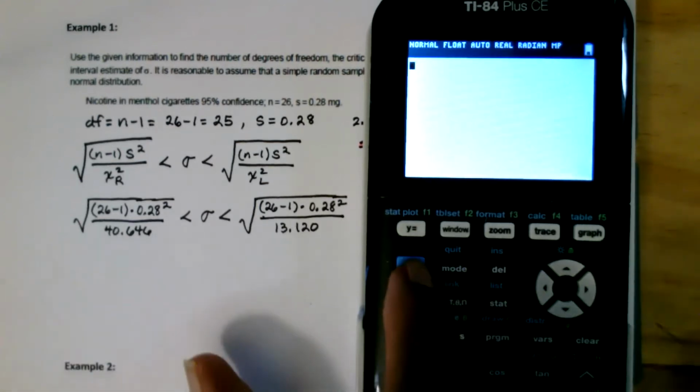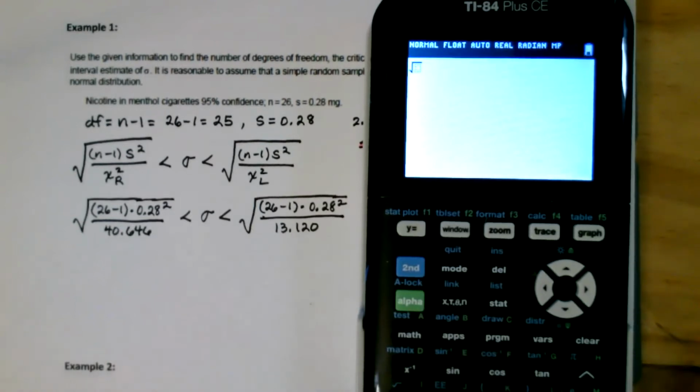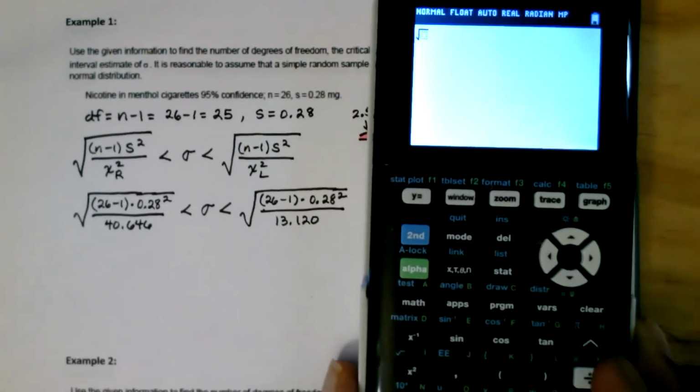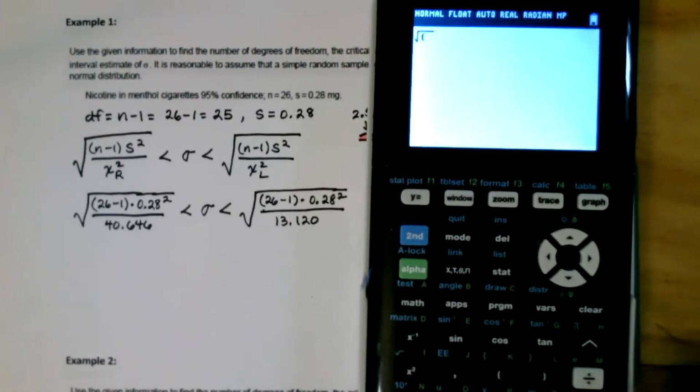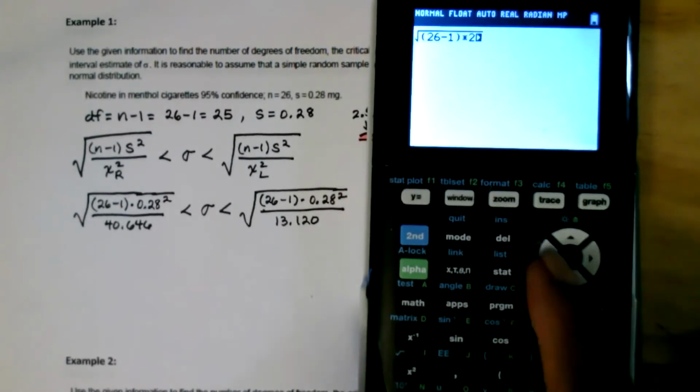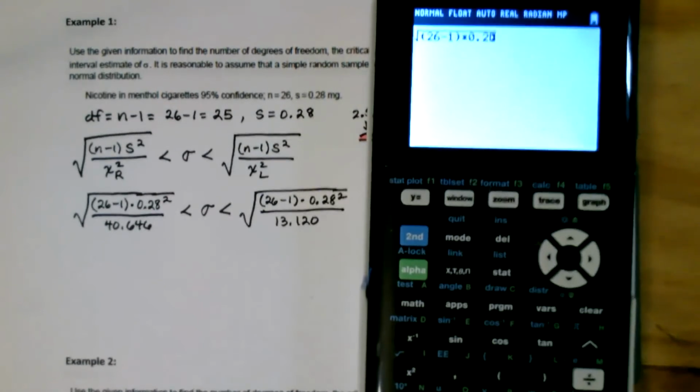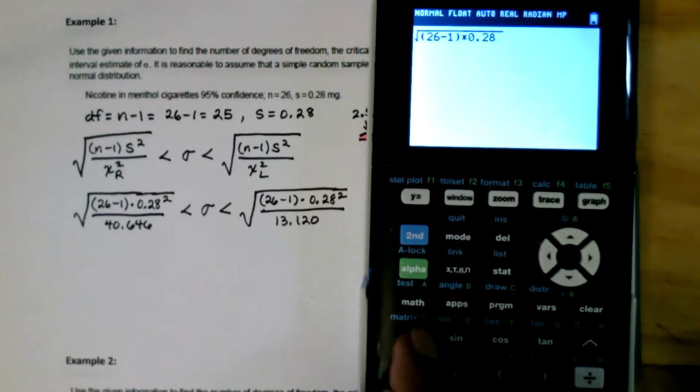So in this case here, the square root is second x squared, or the square root. And then our numerator, I'm going to put this in parentheses, 26 minus 1, close parentheses, times 0.28. And then I'm going to hit the x squared button because it has to be squared.